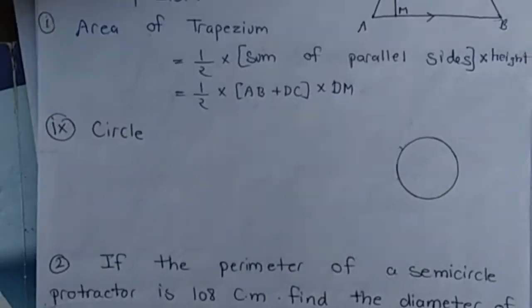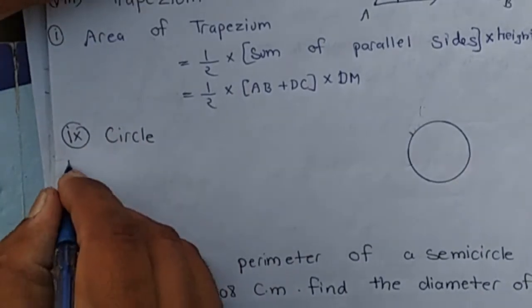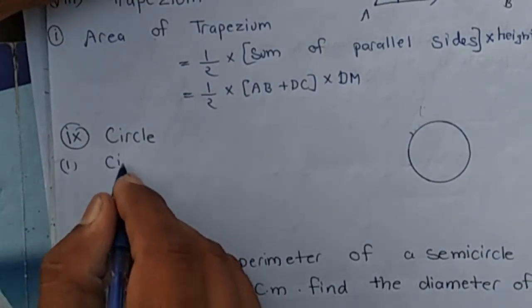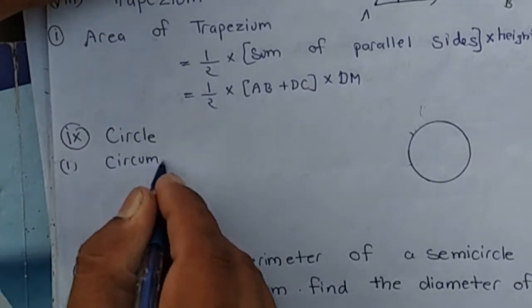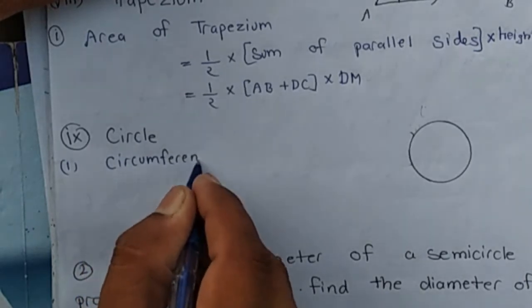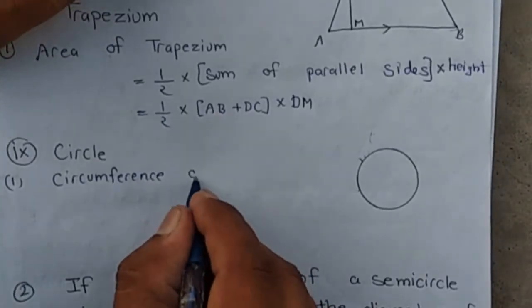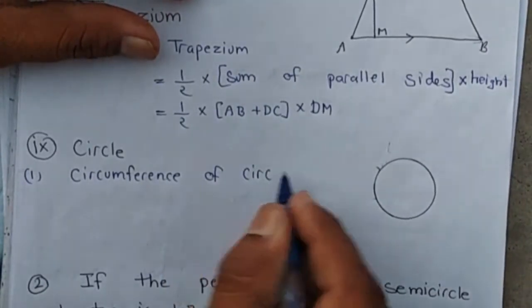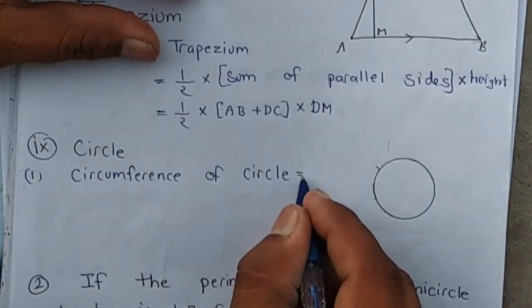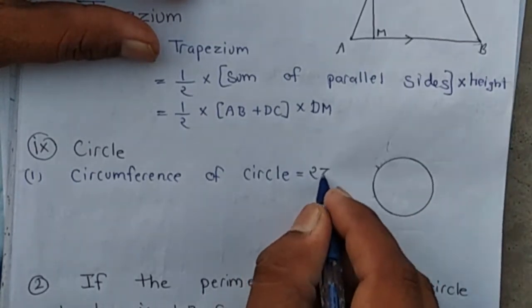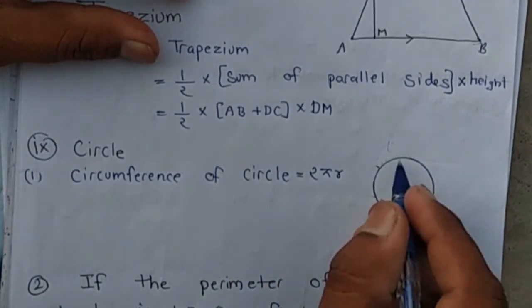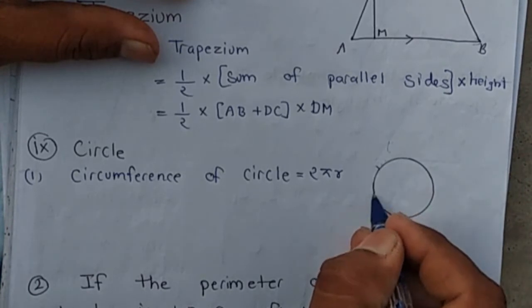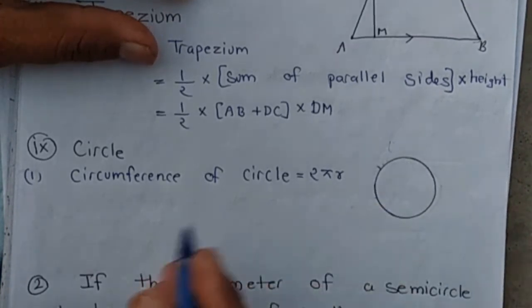Circle. Circumference of a circle is equal to 2 pi r. The circumference of a circle is the boundary of the circle, which is 2 pi r.